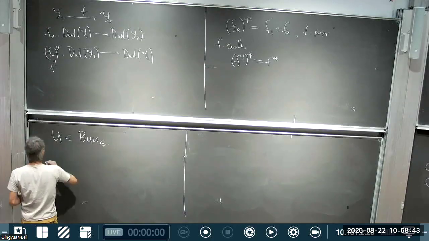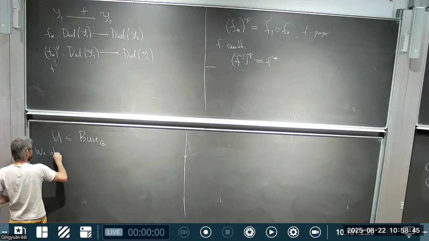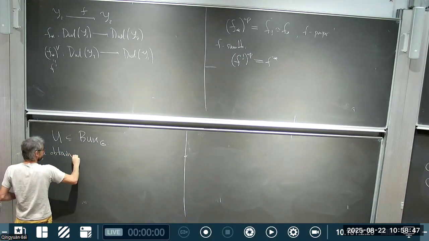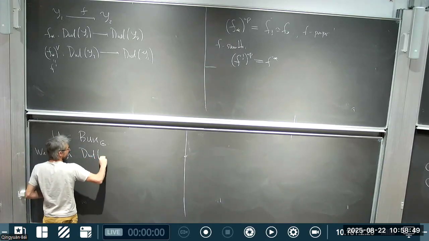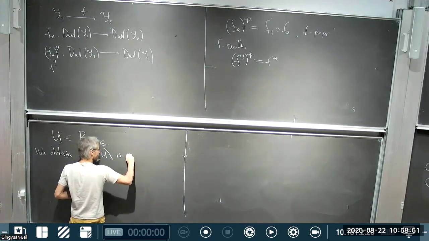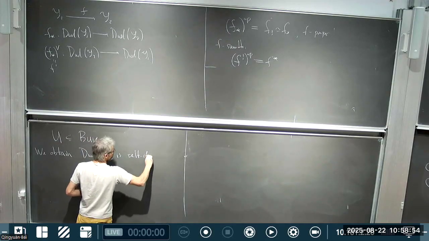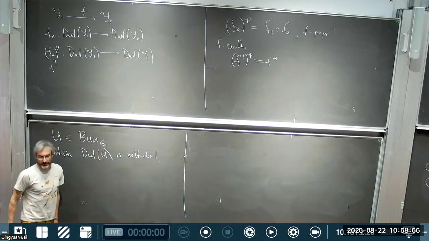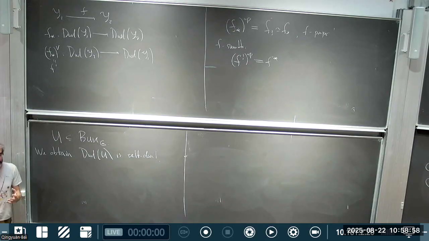And so we obtain that D-mod on U is self-dual. We're being very careful here not to take all of Bun_G, because Bun_G is not quasi-compact. Generally, it's really not self-dual.